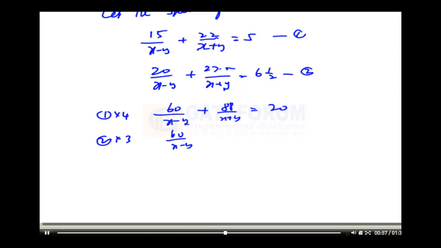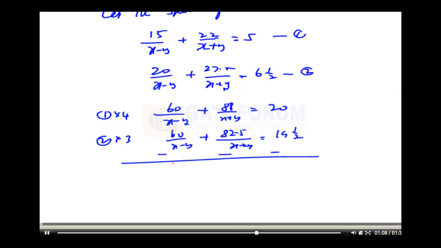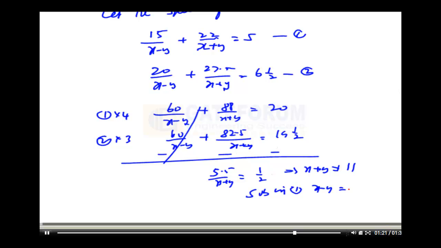Equation 2 by 3: 60 by x minus y plus 82.5 by x plus y is equal to 19.5. Subtracting, you get 5.5 by x plus y is equal to half, which gives x plus y is equal to 11. Substituting in 1, x minus y is equal to 5. Therefore, x is 8 and y is 3.